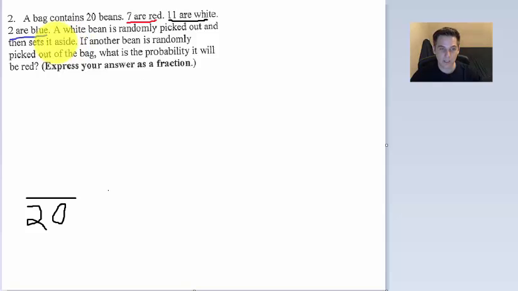Okay, that means that bean is not going back into it. So the first time you reached in, a white bean out of 20 beans is going to be 11 out of 20.